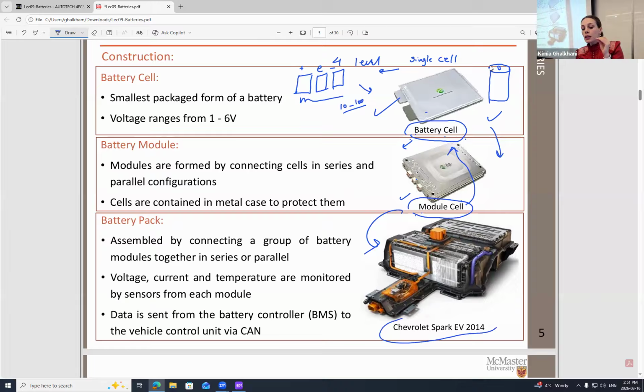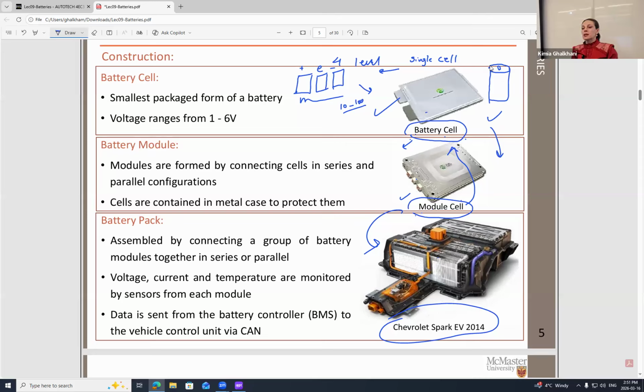If you have, for example, this is the battery pack for Chevrolet, right? If you have such a pack, we call them pack, when we have many of them, inside this you have a lot of modules based on how much power or how much energy I'm planning to generate for that certain application. And this is a part of this lecture.